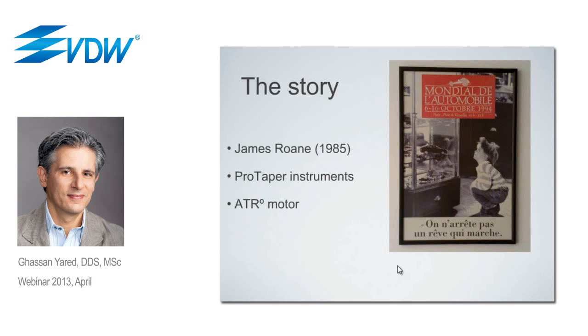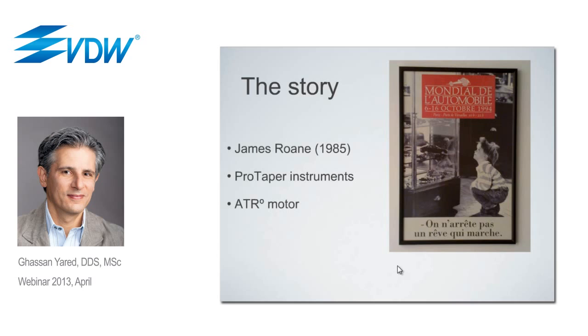So I started trying things. I had a motor that has reciprocation. I had an instrument that would cut in reciprocation, and I knew from the study of Roane that reciprocation is very important to maintain the canal curvature. So I wanted to try and simplify the root canal preparation. So I started trying instruments.